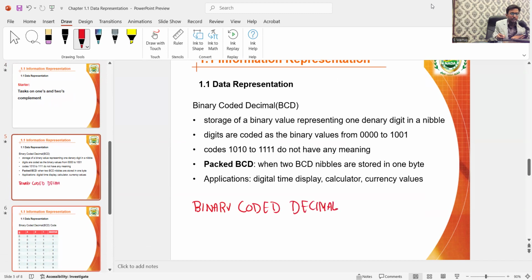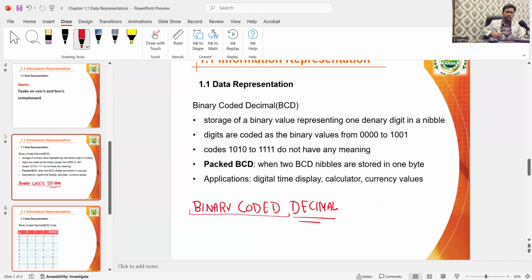What I understand by this term is that if I have a decimal number, decimal numbers are those numbers that are understandable in my everyday life. And even before they are shown to me, they are being converted into some sort of binary codes, right?